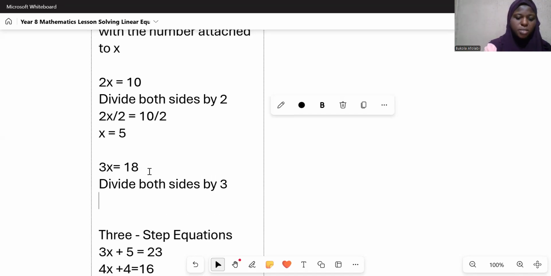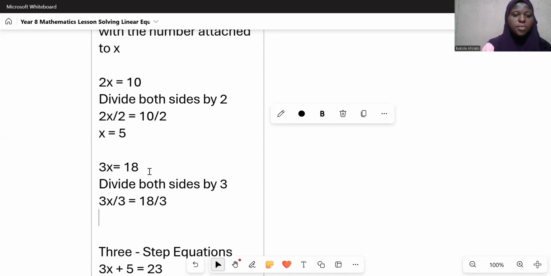We have 3X divided by 3 equals 18 divided by 3. 3X divided by 3 equals X. 18 divided by 3 is what? 6. Well done.